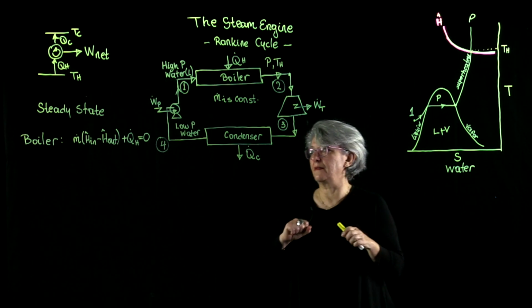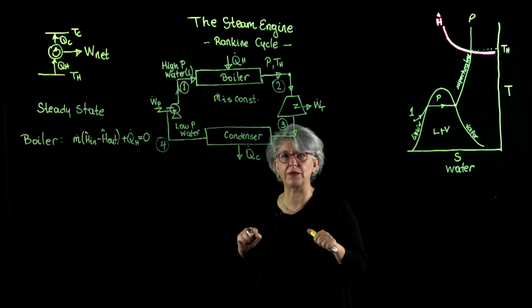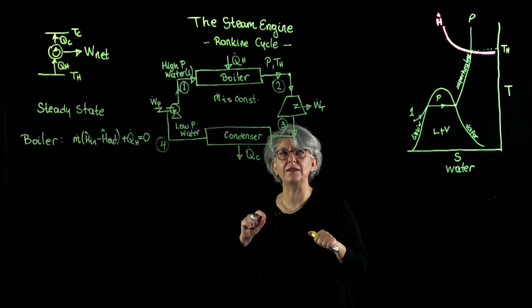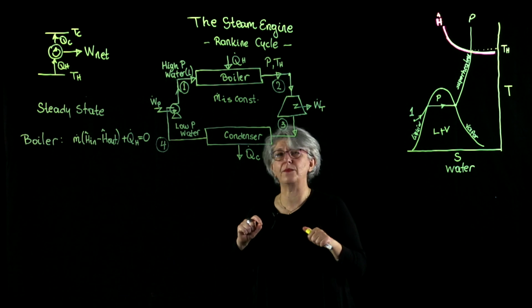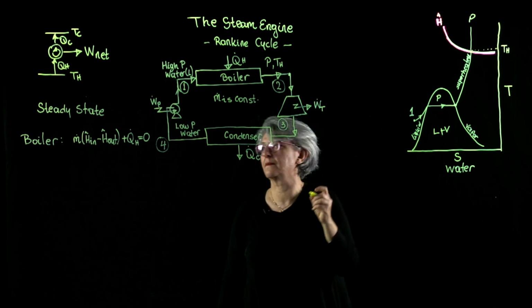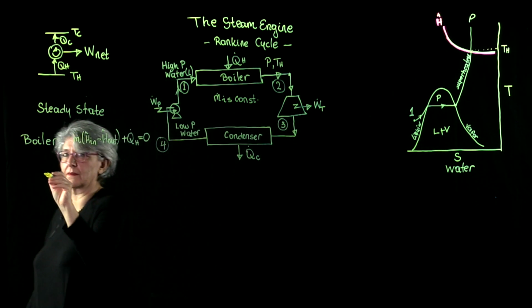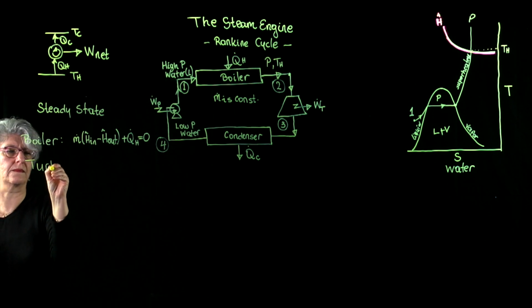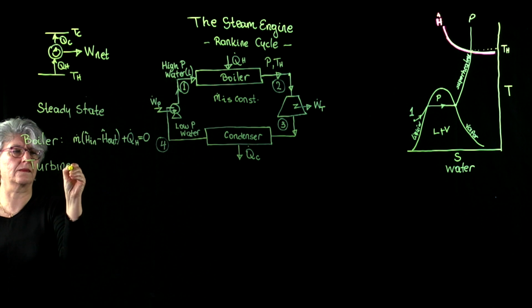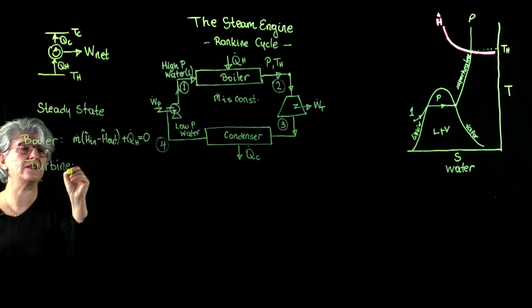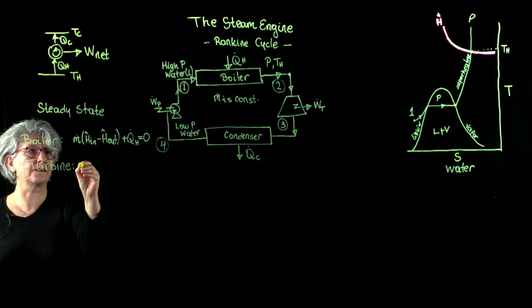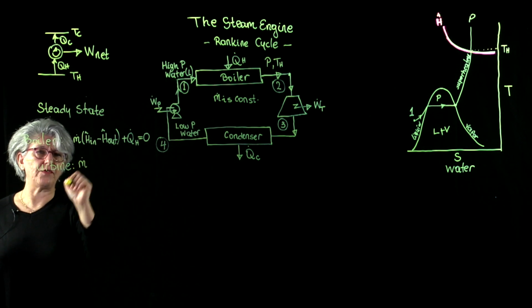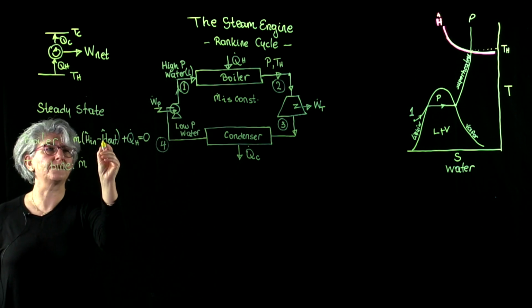All right, we have done the balance for the boiler. Now let us write the balance for the turbine. Again, the turbine is operating at steady state. Mass flow rate is constant.